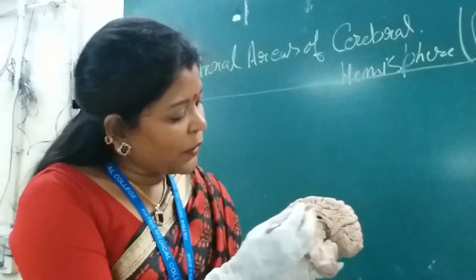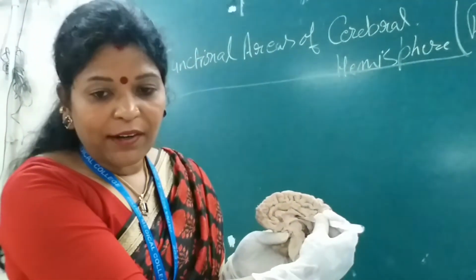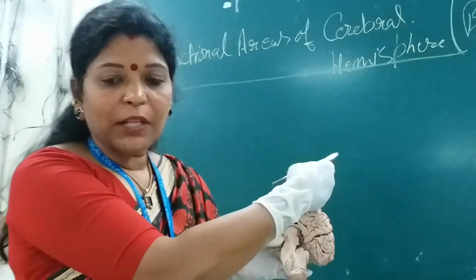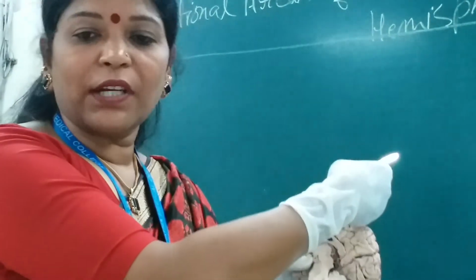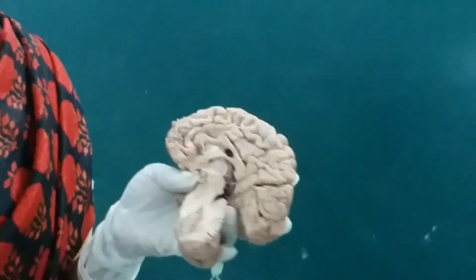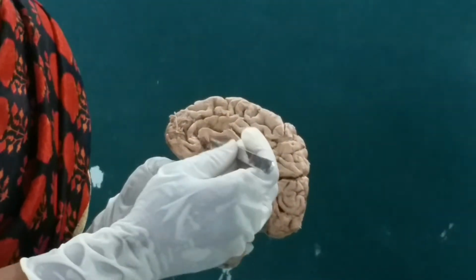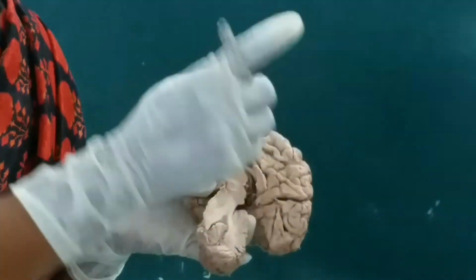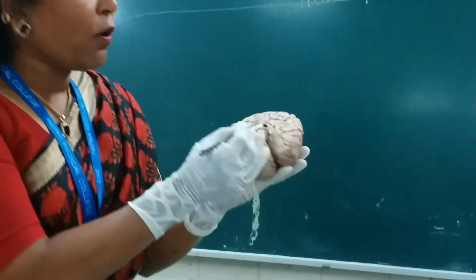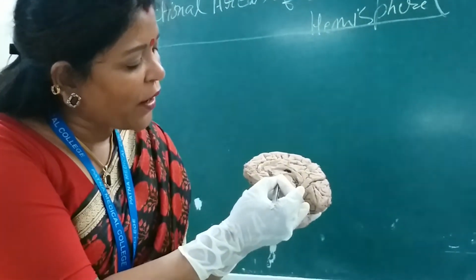Behind that there is the lateral ventricle. Which part is this? This is the right side, the right lateral ventricle. If it is the left cerebral hemisphere, then the left. So it forms the partition between the two lateral ventricles. Now what is this? This is the fornix.